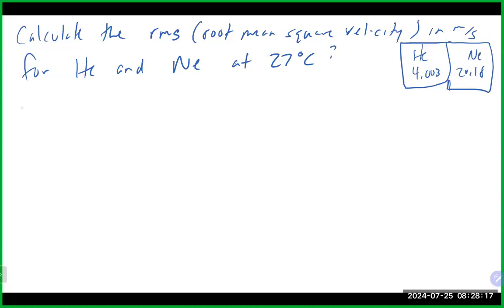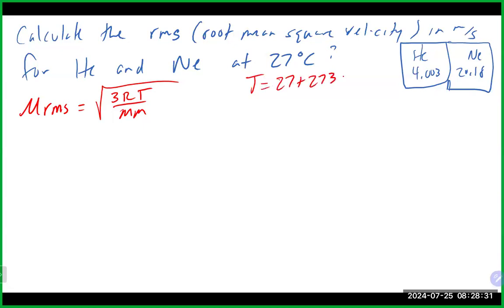So once again, we're going to calculate the root mean square velocity, which is the square root of 3RT divided by the molar mass. We obviously, like normal, got to convert our temperature into Kelvin here. So that's going to be 300 Kelvin. Remember, for this particular one, the R is actually the energy one, which is the 8.314 joules per Kelvin per mole.